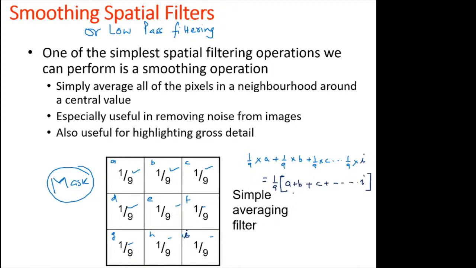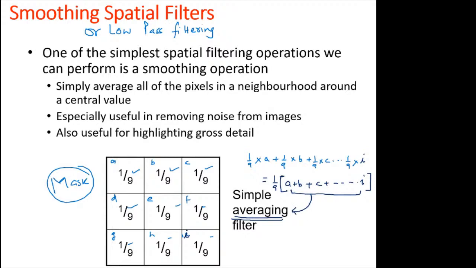So basically what you have done, you have added all the intensities of the image in the 3 by 3 neighborhood and divided it by 9. So these are 9 values which you have added, divided by 9. So that means you have done the averaging of the intensity values, isn't it? This process is the averaging you are doing.